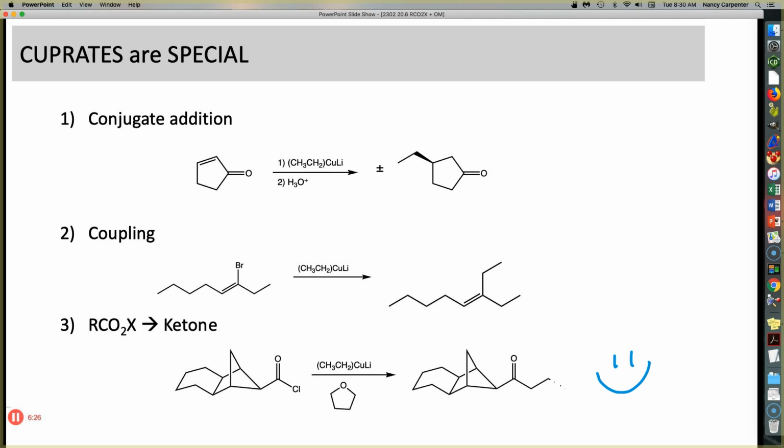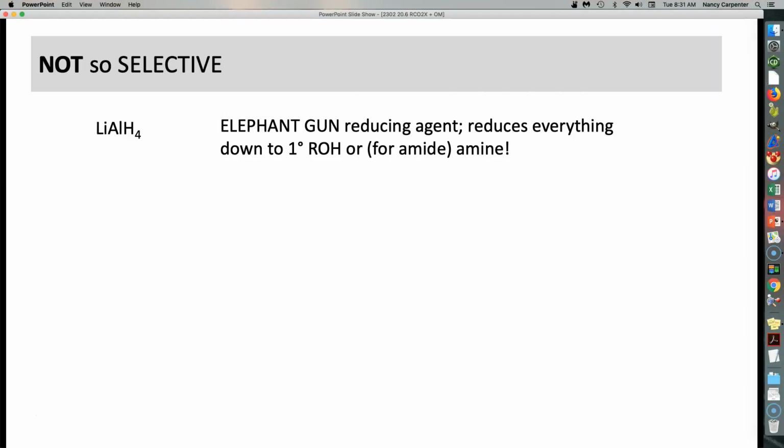Make sure you keep them in your synthetic toolbox and don't get them mixed up with the not so special, not so selective reagents like the elephant gun of hydride reagents. Lithium aluminum hydride, for example, reduces everything as far as it can, which is down to the alcohol. So the not so selective reagents for reduction are lithium aluminum hydride, which reduces everything.